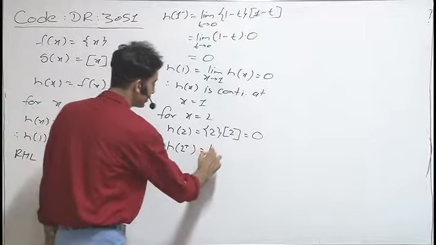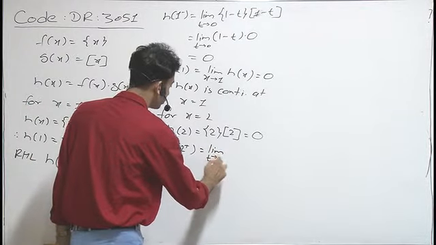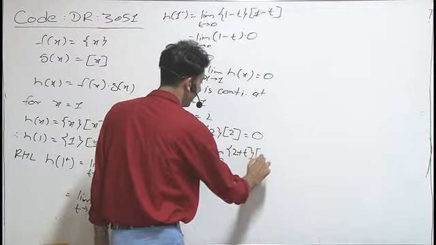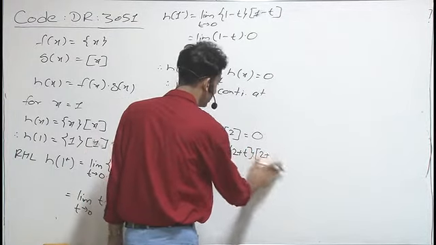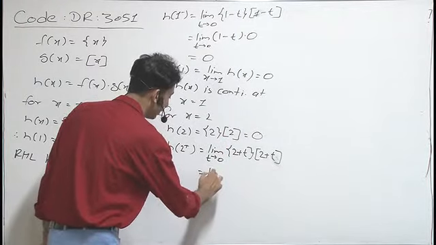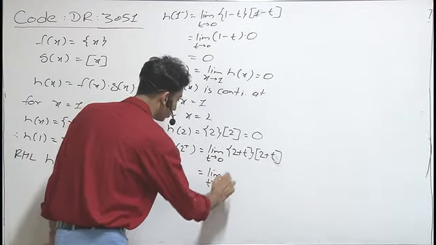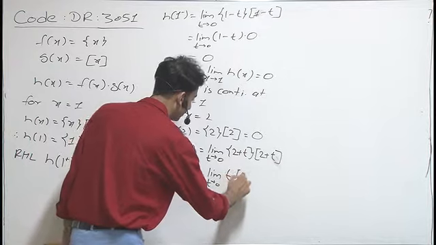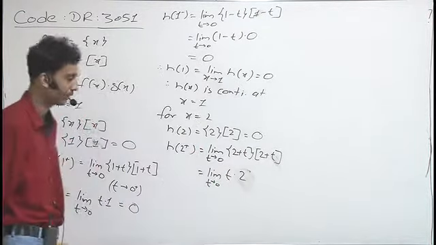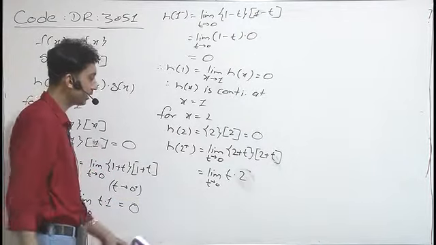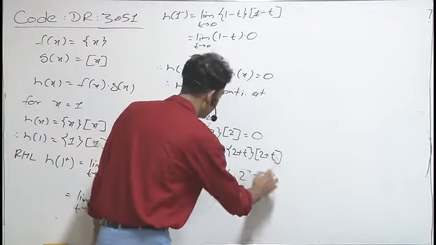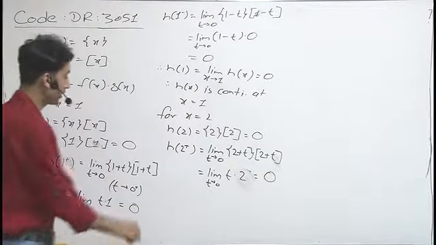It gives us the limit t tending to 0 of the fractional part of 2 plus t and the box of 2 plus t. We can write t, and here we can write the number 2. Since t is tending towards 0 from the positive side, it gives us result 0.